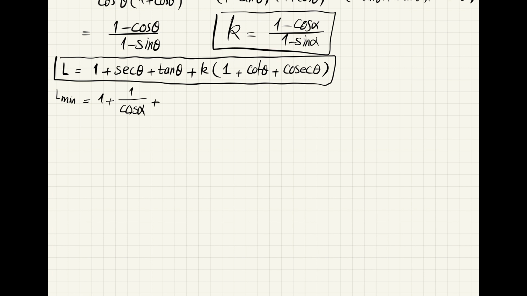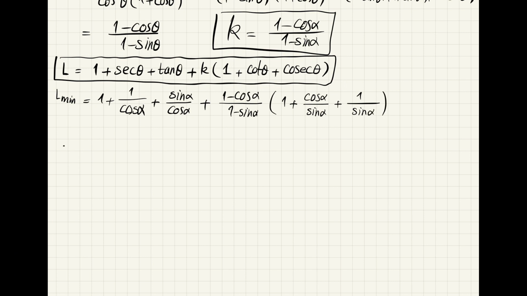And then this becomes sine over tangent, which is sine over cosine. And instead of k, I plug that expression in. And then 1 plus, instead of cotangent, I would write cosine alpha over sine alpha, and instead of cosecant theta, I would write 1 over sine alpha.